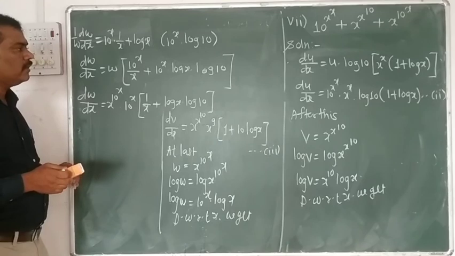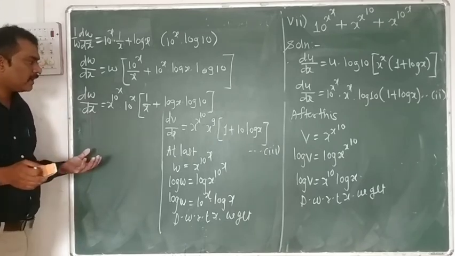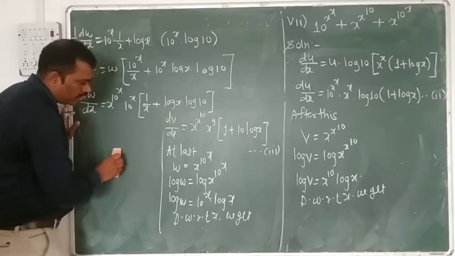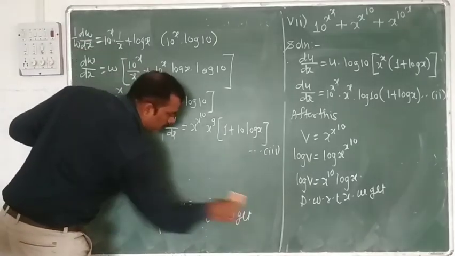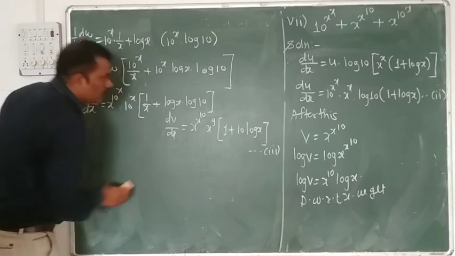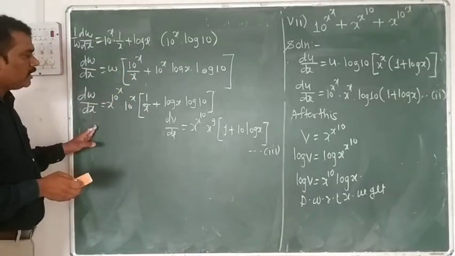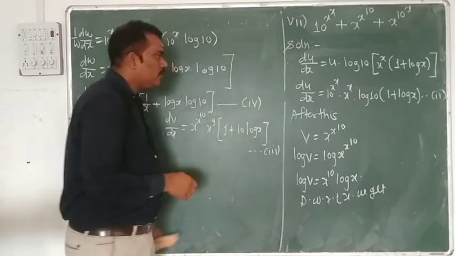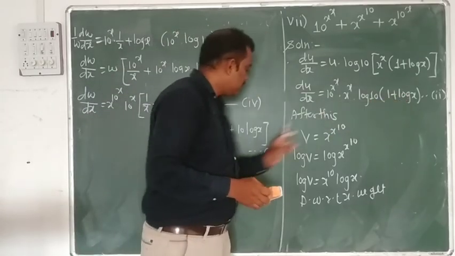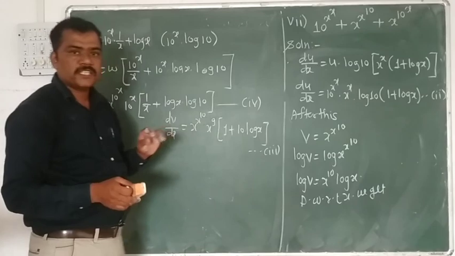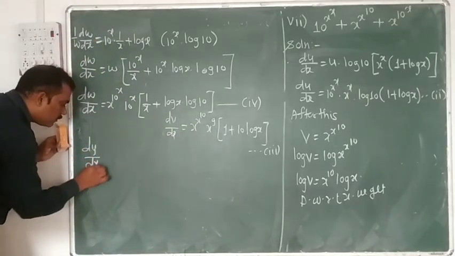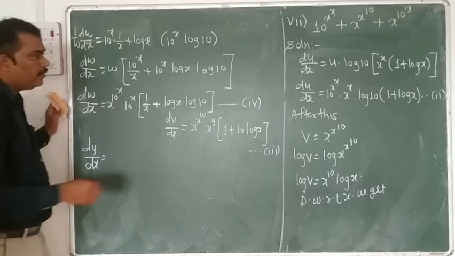Now we have to write the required answer. Suppose that we have to give the number for this as a 4. Now we have to use this second, third and fourth in the first, so that we can write dy by dx is equal to, what is the value of du by dx?